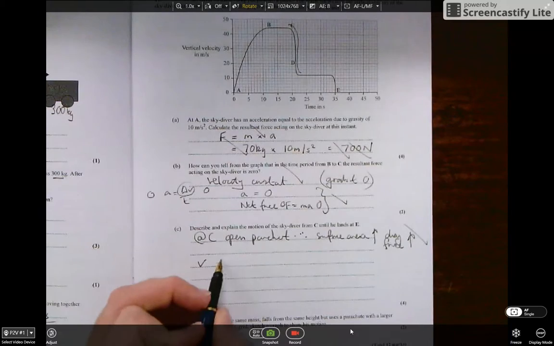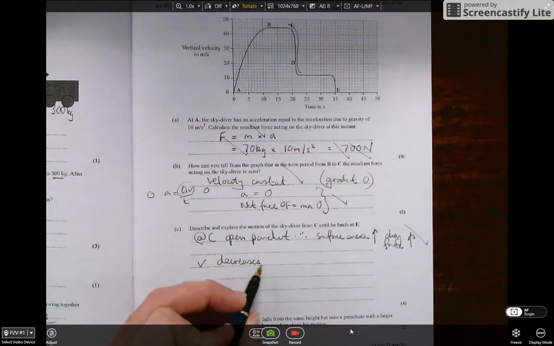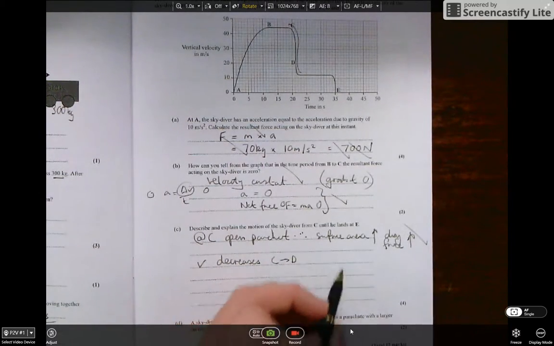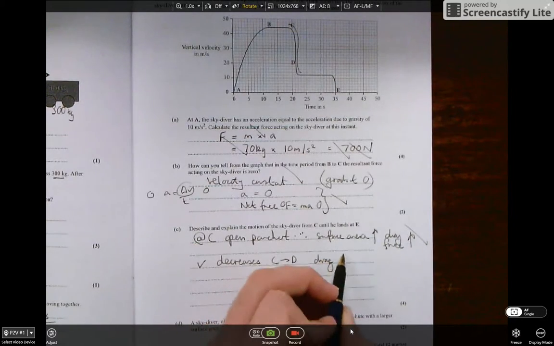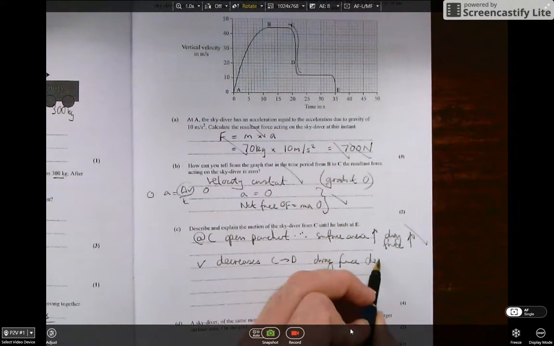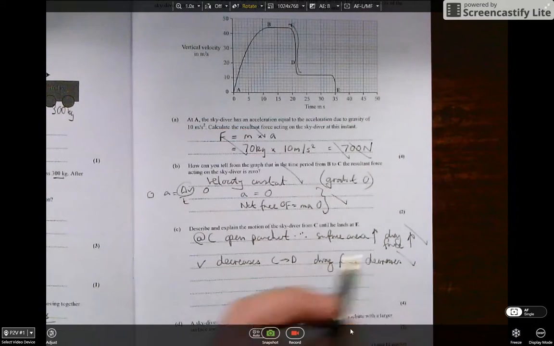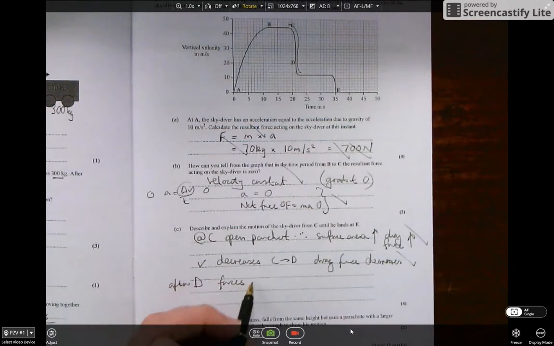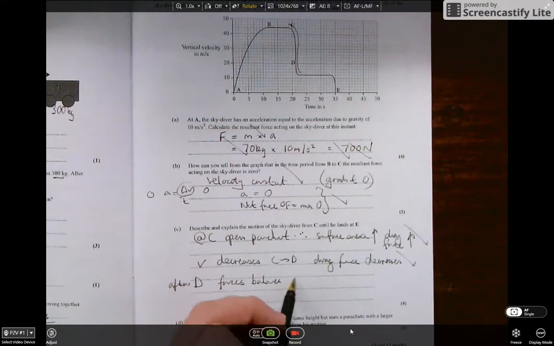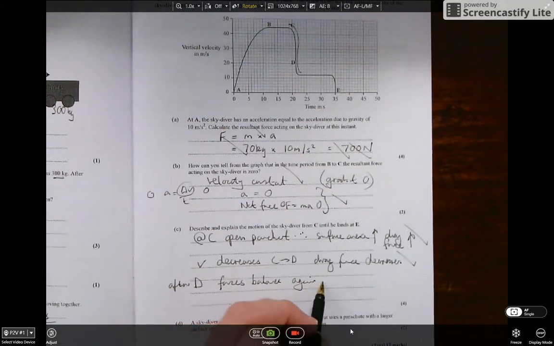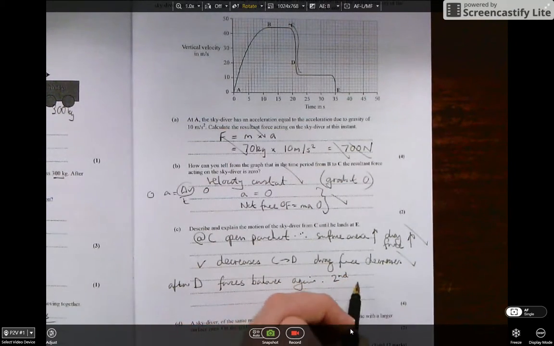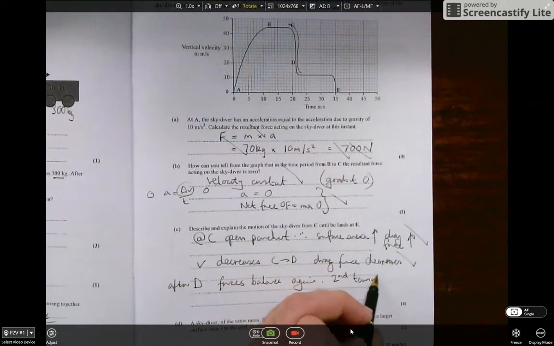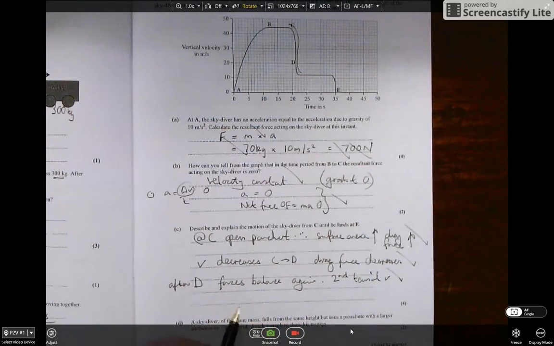The velocity decreases from C to D. That means drag force decreases. That's worth a mark. Then at D, or just after D, force is balanced again, meaning that we've got a second lower terminal velocity. 1 mark for that.